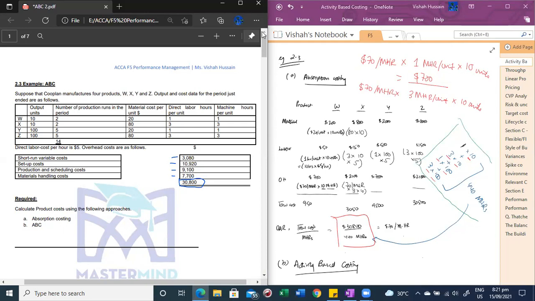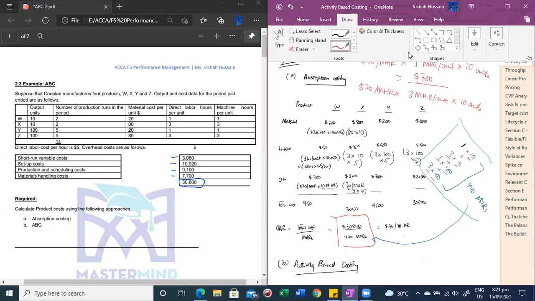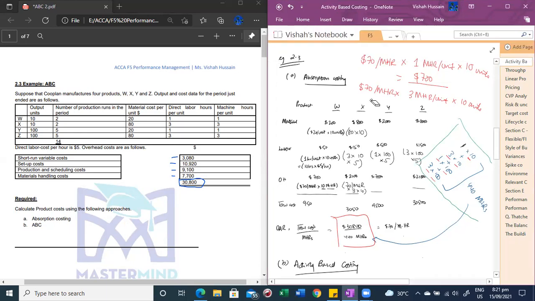First thing that you need to understand is that you are going to, first of all, work on absorption costing. And for absorption costing, you need to remember the main concepts of absorption costing, which were that you used to total your overheads.